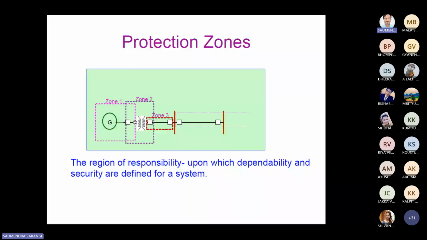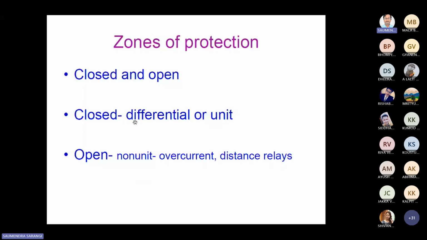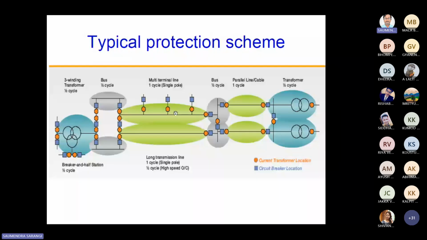So the problem of this protection is that we have different types of zones, closed or open. Closed means differential or unit protection. Open means non-unit protection, like distance protection. So typical protection schemes, as we have discussed in this whole lecture, will completely overlap with each other.